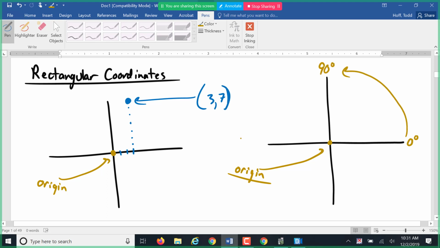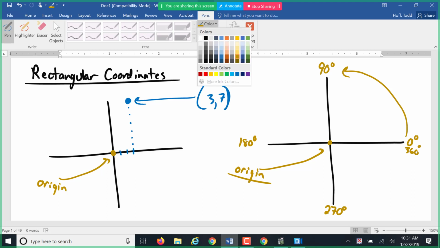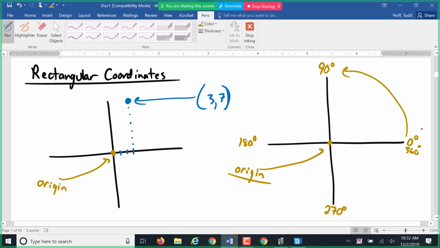So that'd be 90 degrees, 180 degrees, or 270 degrees, and then this would be back at 360. Or if you were looking at radians, this would be 0 radians, pi over 2 radians up here, pi radians, and 3 pi over 2 radians here.